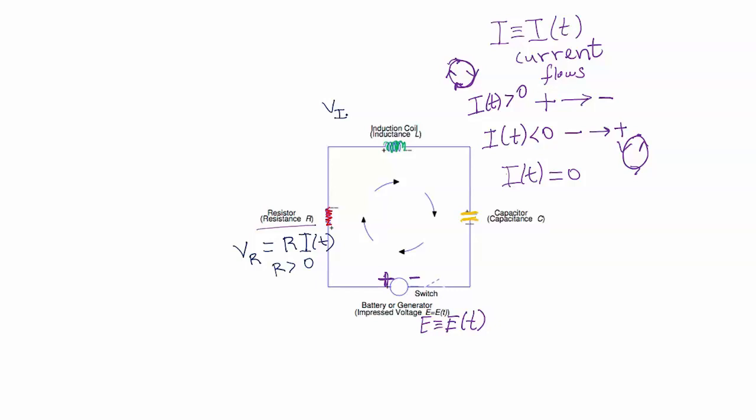This is not a multiple of the current, but rather a multiple, with the positive constant L, of the rate of change of current. In other words, we can write L times the derivative of I with respect to time. Here we're assuming that L is a positive constant called the inductance. And the previous positive constant R is called the resistance.